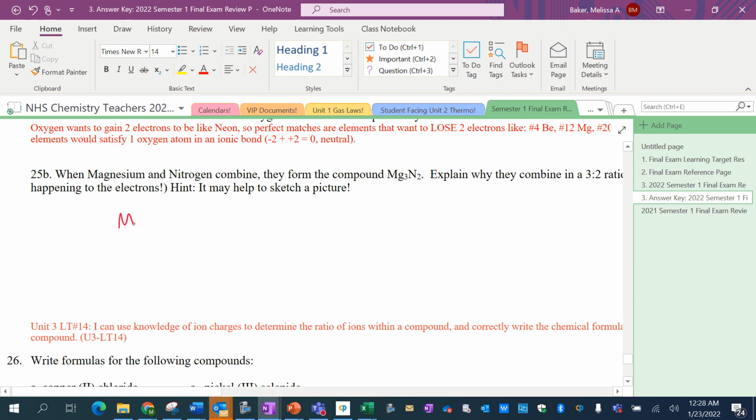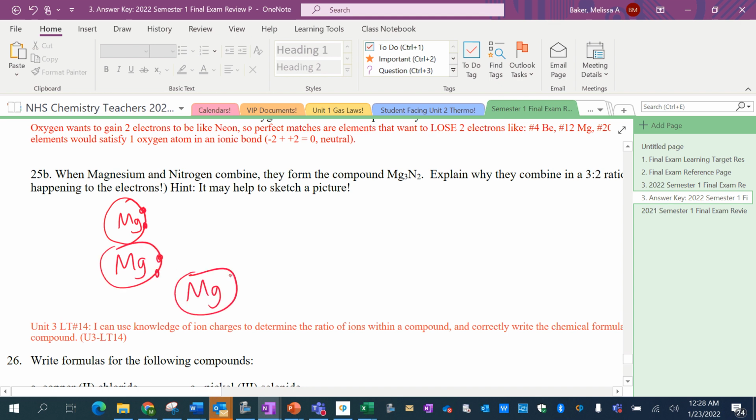So magnesium has 2 valence electrons because it's in group 2A. So let's draw these guys. We know there's going to be 3 of them because that's what the compound tells us. Nitrogen has 5 in its outer shell in group 5A, and it wants to gain 3 to be like neon.